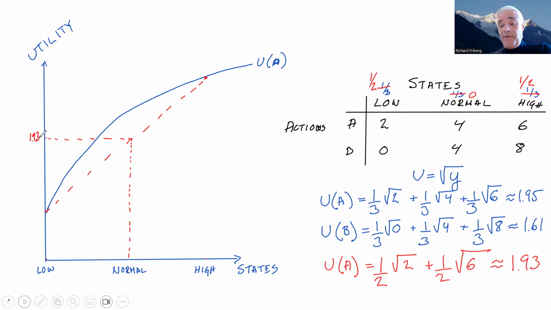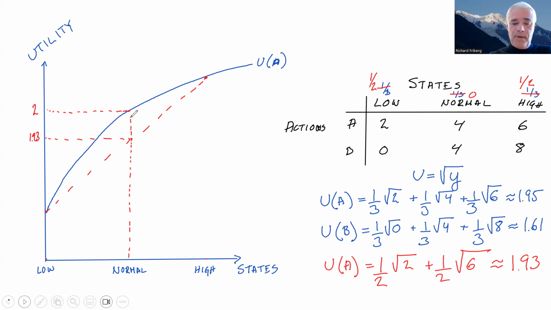Okay, if she instead were certain that the normal state would be realized, we would have this utility, which is the square root of 4 equal to 2.